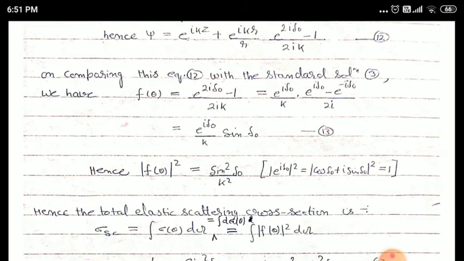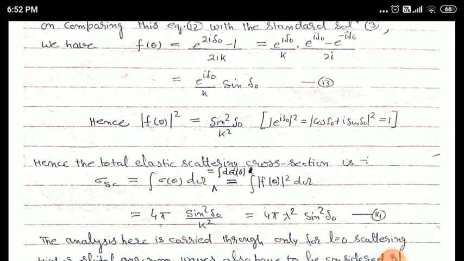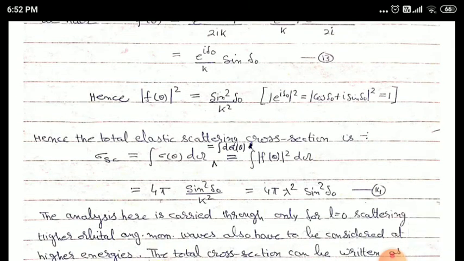Now, by comparing this equation 12 with our standard solution of equation 3, we will have f(theta), and after solving this we will get its value as e raised to power i delta 0 upon k multiplied by sin delta 0. And if we take the modulus of the square of this value, then we will get sin square delta 0 upon k square.